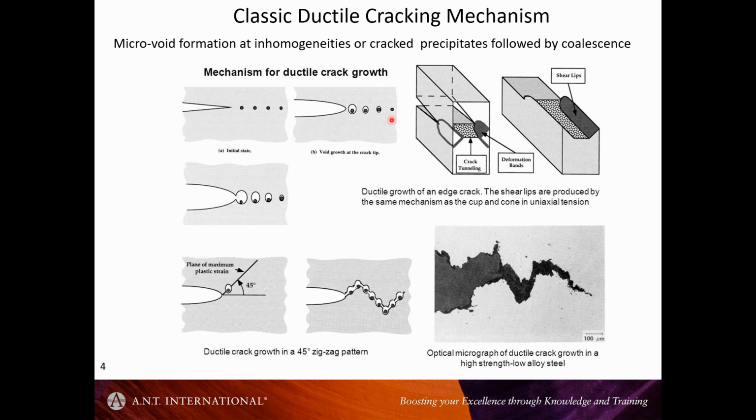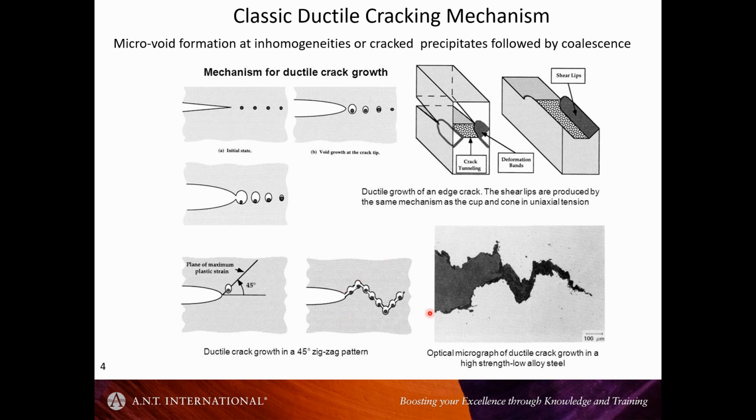If the precipitates are not aligned in any high density plane, as they might be on a grain boundary, for example, my understanding, I'm just repeating what I've heard, is you tend to get fracture which is more in a kind of jagged form, where the shearing at the edge of the crack happens in certain directions preferentially.